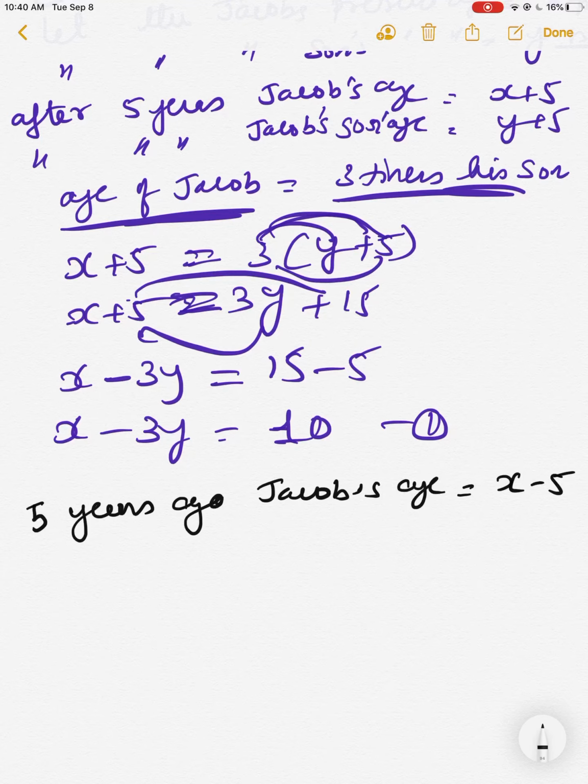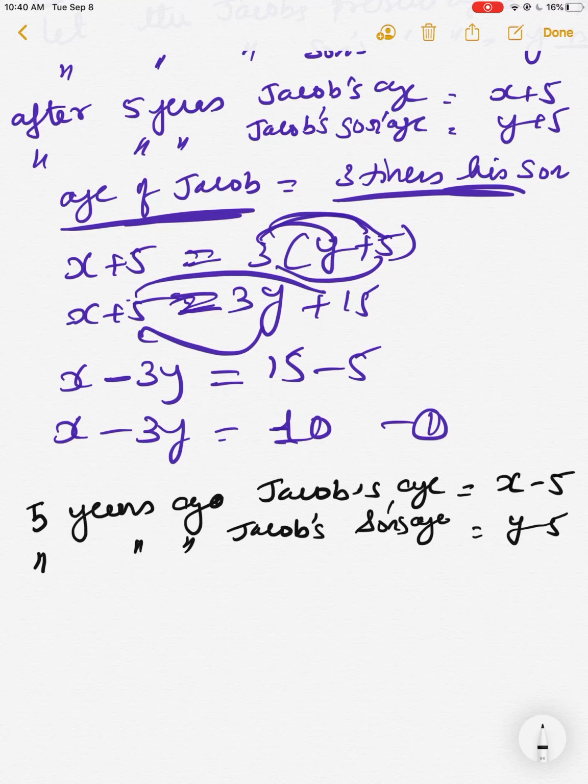We are relating with the present age. Now we have taken the present age of Jacob as x. 5 years back he will be x minus 5. In the same way, 5 years ago Jacob's son's age will be y minus 5.